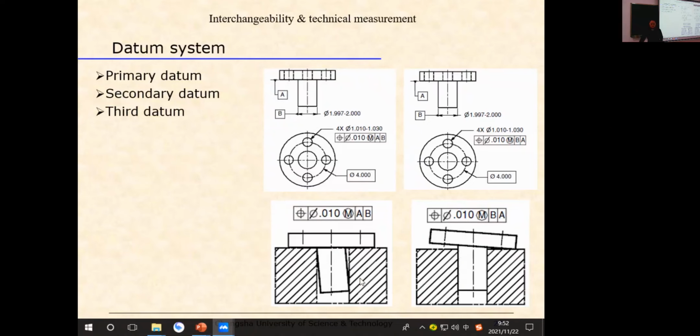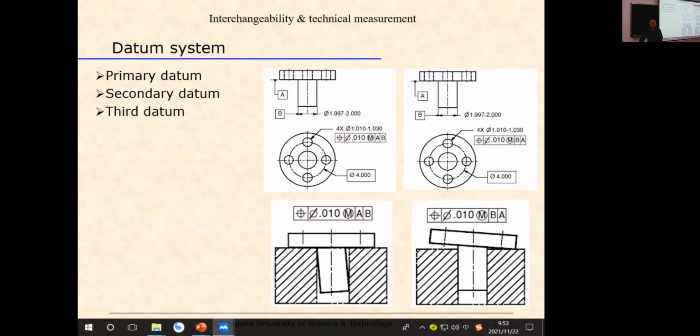So this picture means that datum A and datum B in different positions also affect the assemble function. Yeah, because this is M. I have to say M. It is a word. The M means the maximum material requirement.